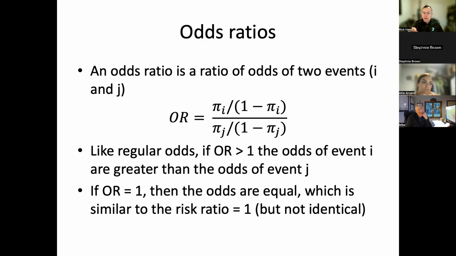Odds ratios will give us some important information. And it turns out, and I'll skip over the math for this, that we can test an odds ratio by using a test on the contingency table itself. We can't do that with the risk ratio.